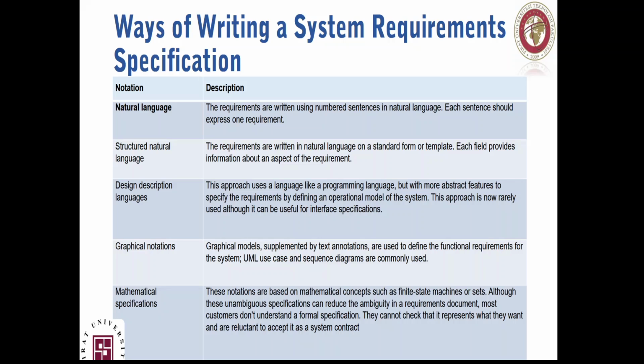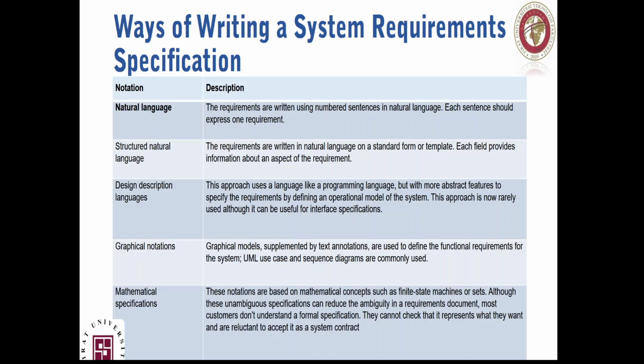We use the common Unified Modeling Language for such a case. We have use case diagrams, sequence diagrams. These are used for presenting functional requirements. We also have some considerations for non-functional requirements. I'll make another video separately for the graphical notations and discussing UML. We will use special software for it.